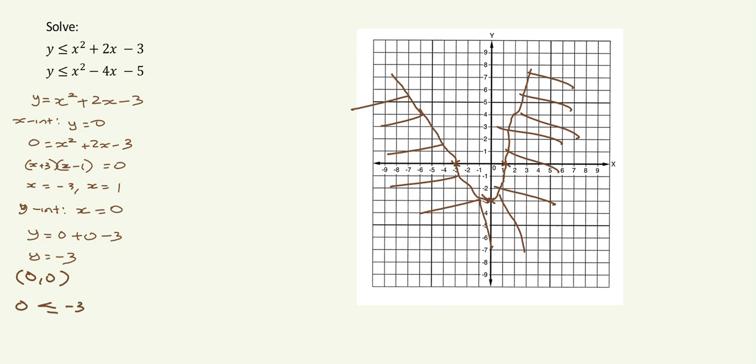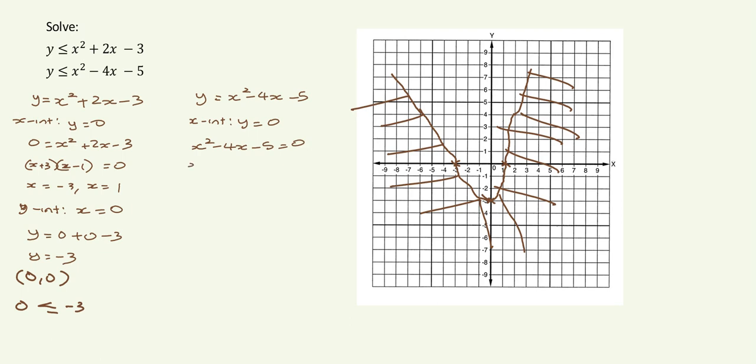Now let's look at the second quadratic. So we have y equal to x squared minus 4x minus 5. For the x-intercept, we have y equal to 0. So x squared minus 4x minus 5 equal to 0.